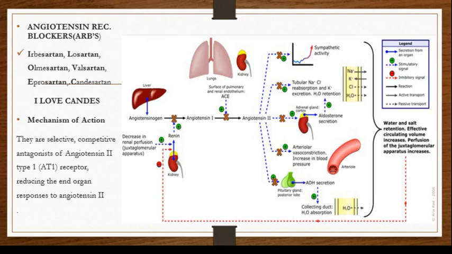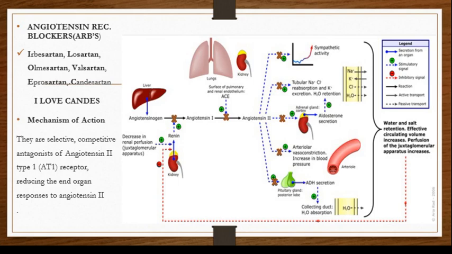Its effect on the renal tubules will also be inhibited, and so we are not going to have sodium chloride and water reabsorption back into circulation. Rather, we are going to have sodium chloride and water being excreted, whilst potassium will be reabsorbed back into circulation.